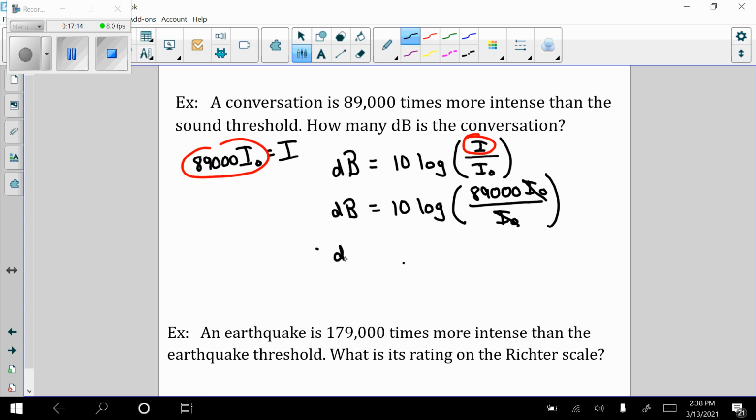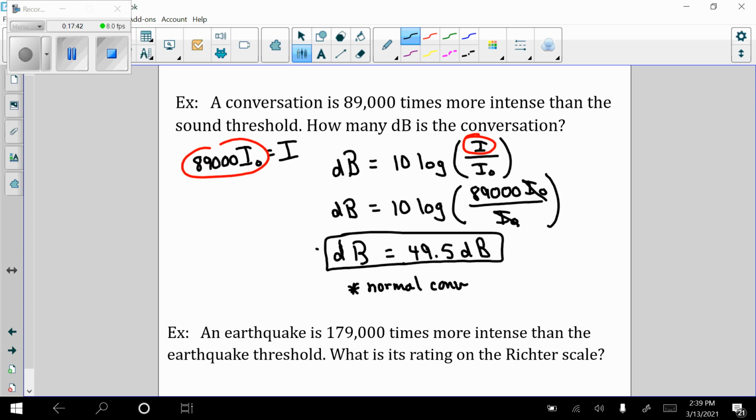So I'm just taking 10 log of 89,000, which comes out to about 49.5. So the decibel level of that conversation is about 49.5. Just a little side note, a normal conversation is about 60 decibels.